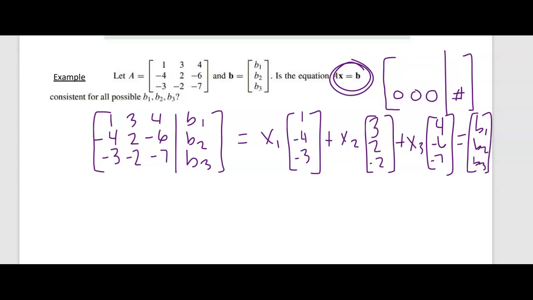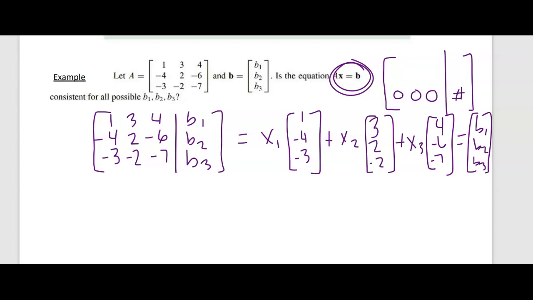And there must be a unique solution for that linear combination if there is an x1, x2, and x3 in which this is true, in which x1 times 1, x2 times 3, x3 times 4 gives me whatever b1 is. And that's true for all three of those equation pieces.